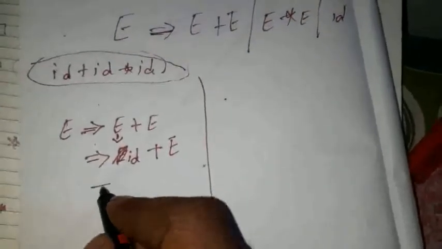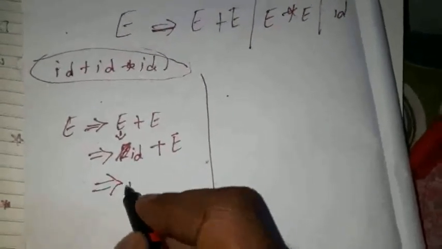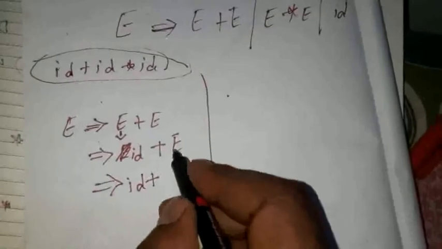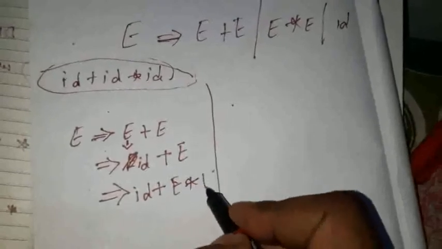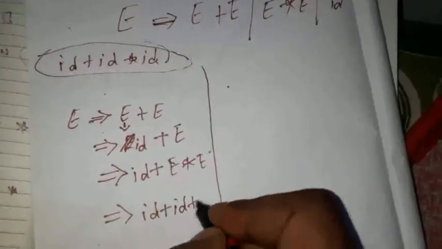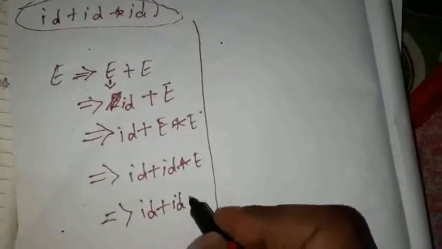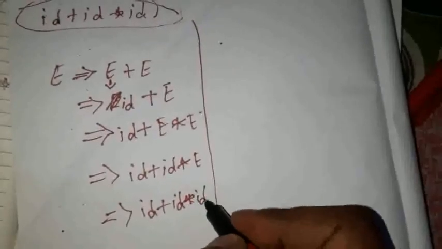Next I take the id as it is, plus, and this I replace with E star E. So here it is id plus id star E. Next it will be id plus id star id.